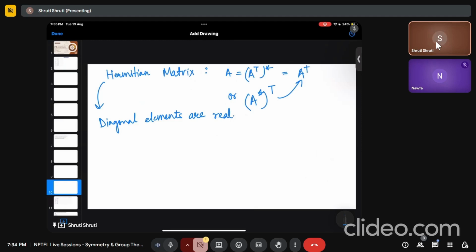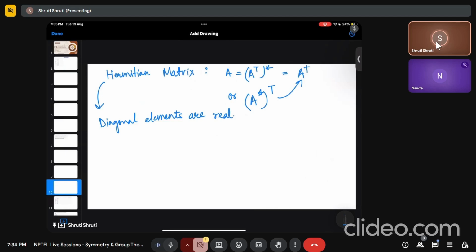So any of these operators which we use in quantum mechanics are all Hermitian operators. Now, first of all, these operators are also matrices. And why they are Hermitian is because of this property.